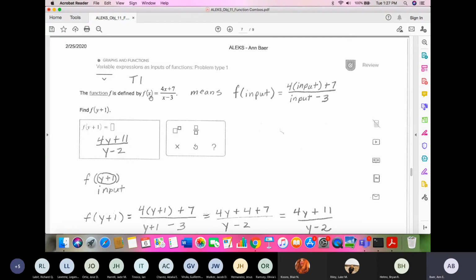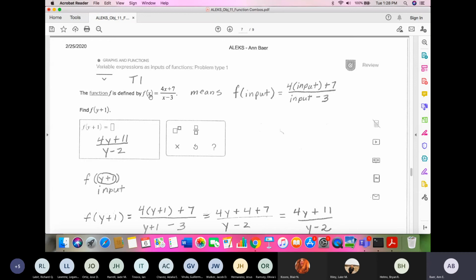This x really represents the word input. And in this setting, I feel like we need to really look at it as the word input to really understand what to do.